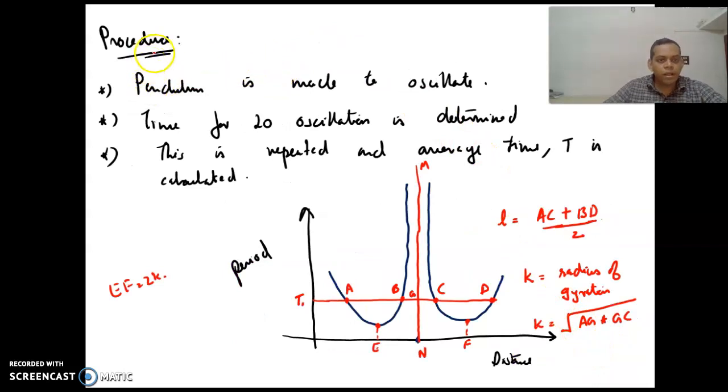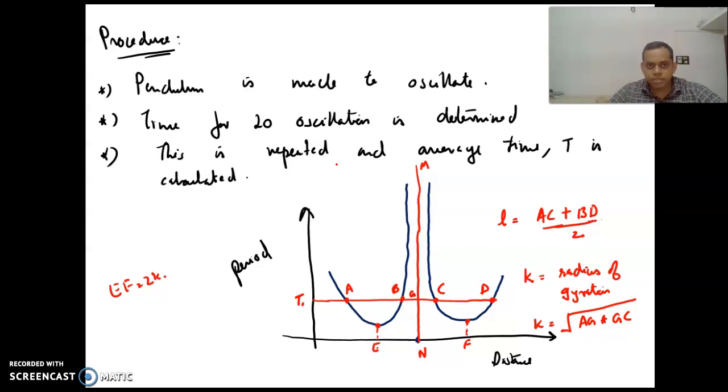So let's see the procedure. Now let's consider the bar pendulum is hanging on the knife edge, and let's oscillate the pendulum.